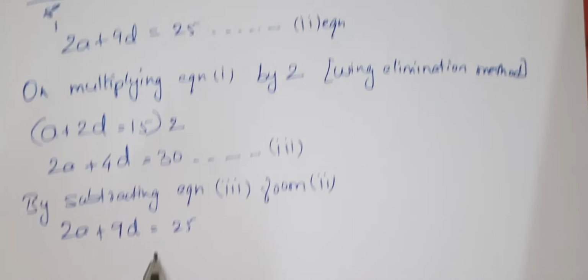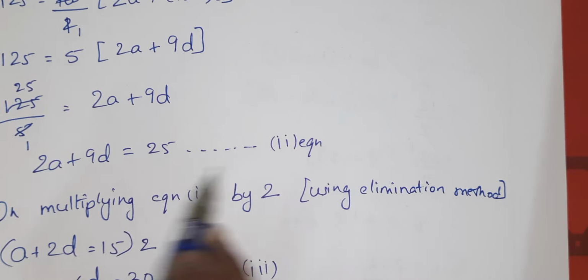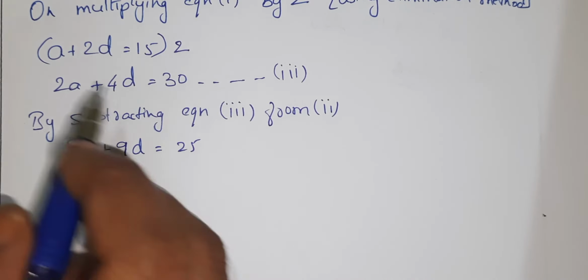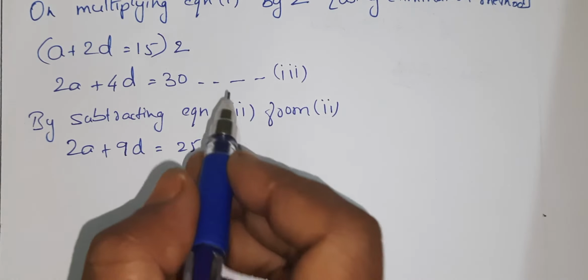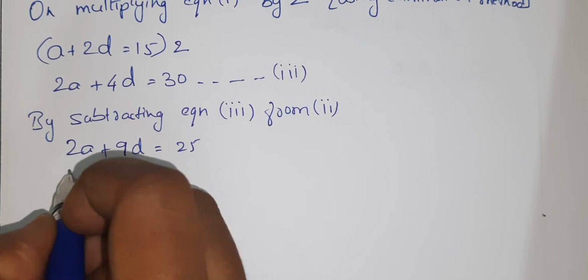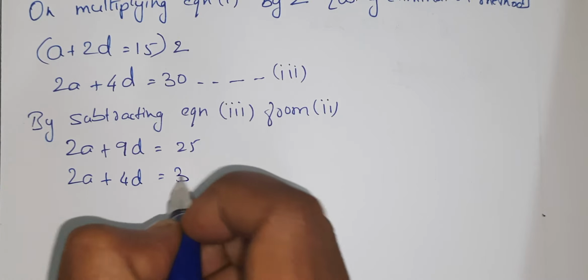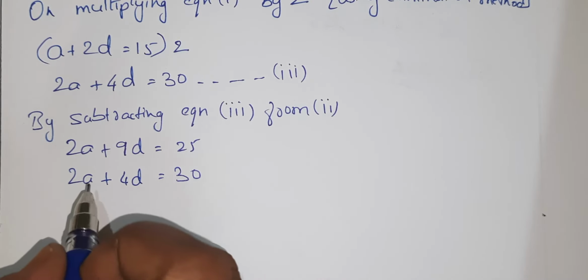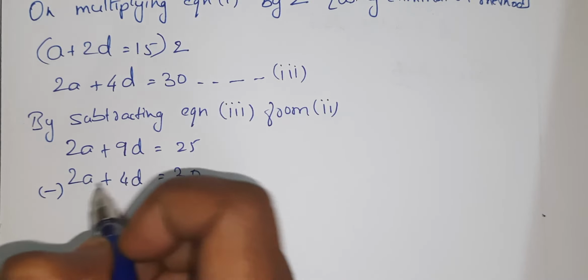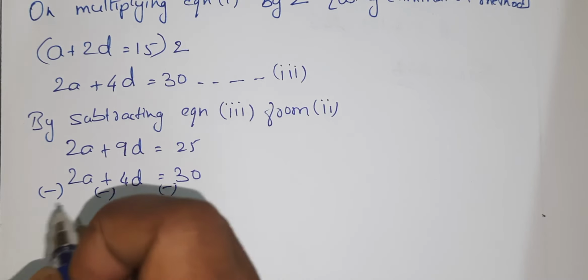This was our second equation. So what is our third equation? It is 2a plus 4d equals 30. We are subtracting, so we are going to change all signs to minus.